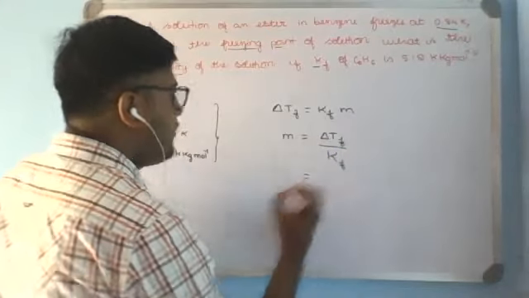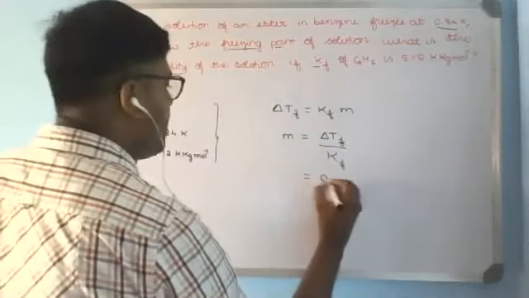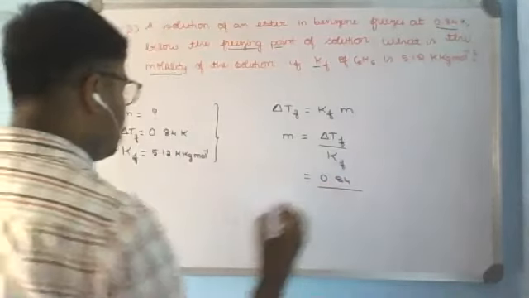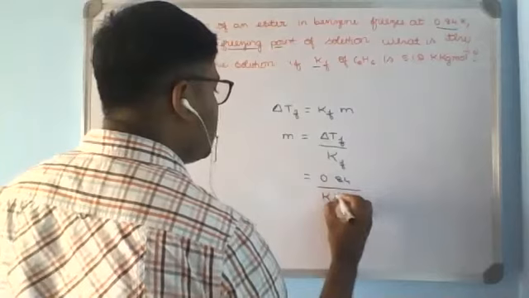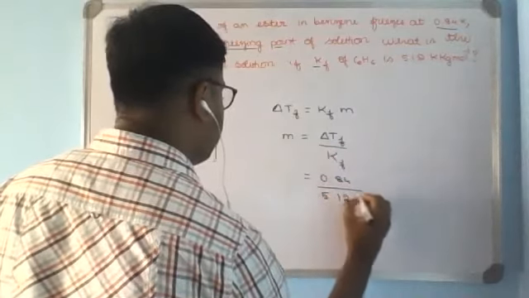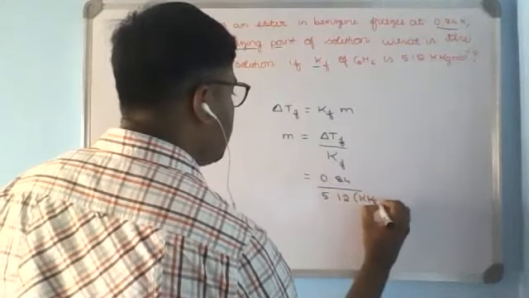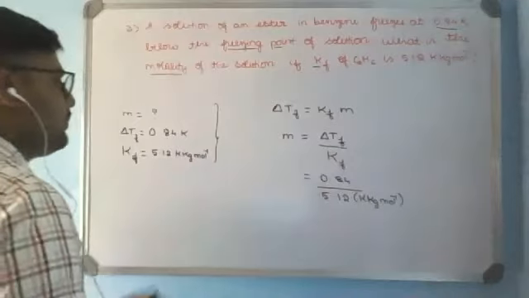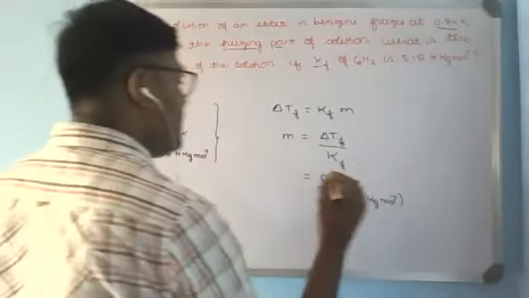Now delta TF is given, which is 0.84 Kelvin. Kf is given, the value is 5.12 with the unit Kelvin kg per mole.